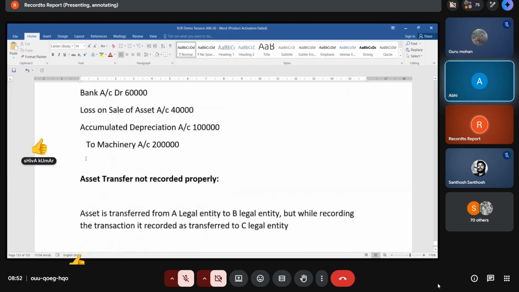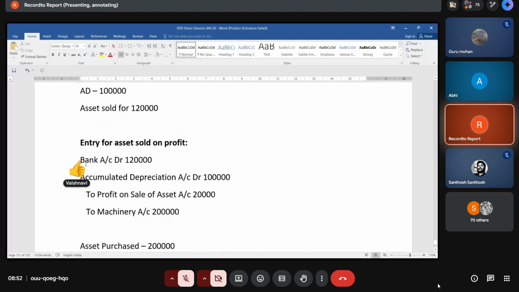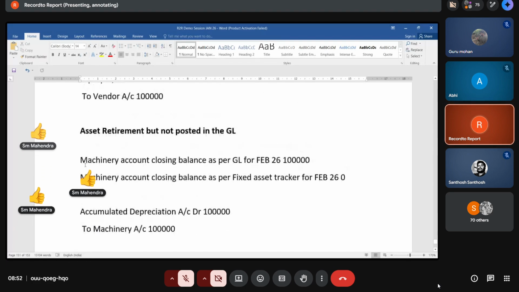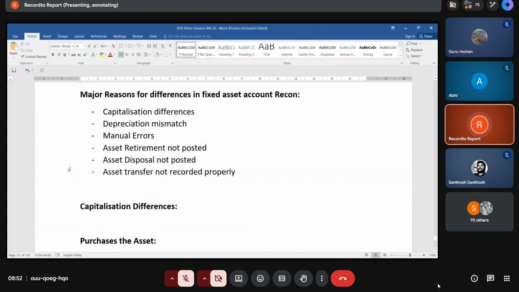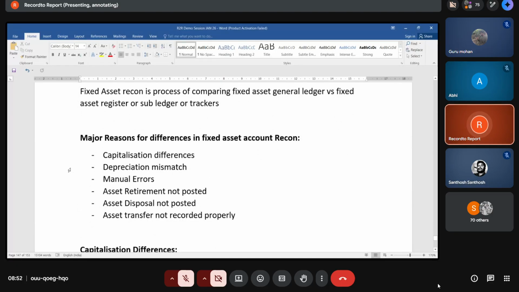So these are the main reasons for differences in the fixed asset account, guys. One is capitalization differences, another is depreciation mismatches, manual errors, asset retirement not posted, asset disposals not posted, asset transfer not recorded properly. When it comes to bank reconciliation, what are the major reasons? Bank charges, interest charges, cheque dishonors, manual errors, auto debits, auto credits.